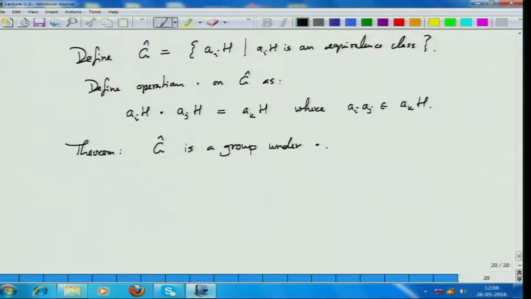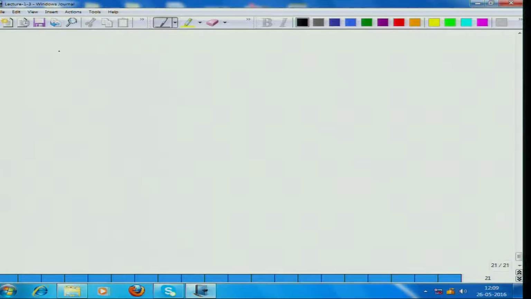Okay, so that definition is precise, and now we want to show that G hat is a group. So, let us prove this. What are the conditions we require for a group? First is closure.